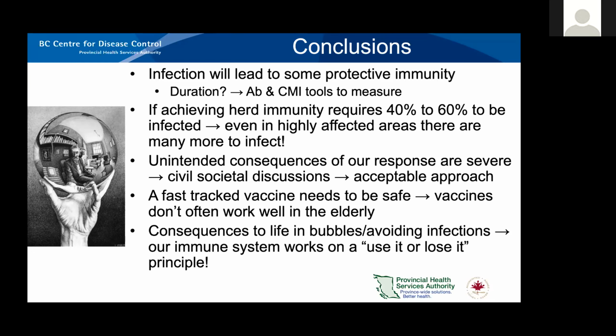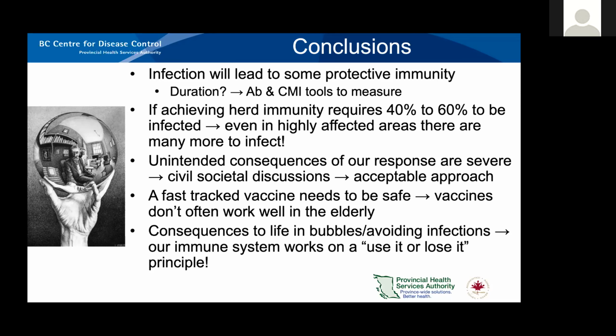The unintended consequences of our response are severe, and you need to have civil societal discussions. And it actually is a two-pronged thing. It's a civil conversation, but a civil societal conversation to come up with acceptable approaches. And you can see the controversy that occurs in different jurisdictions, the juxtaposition of rights that are individual versus public.